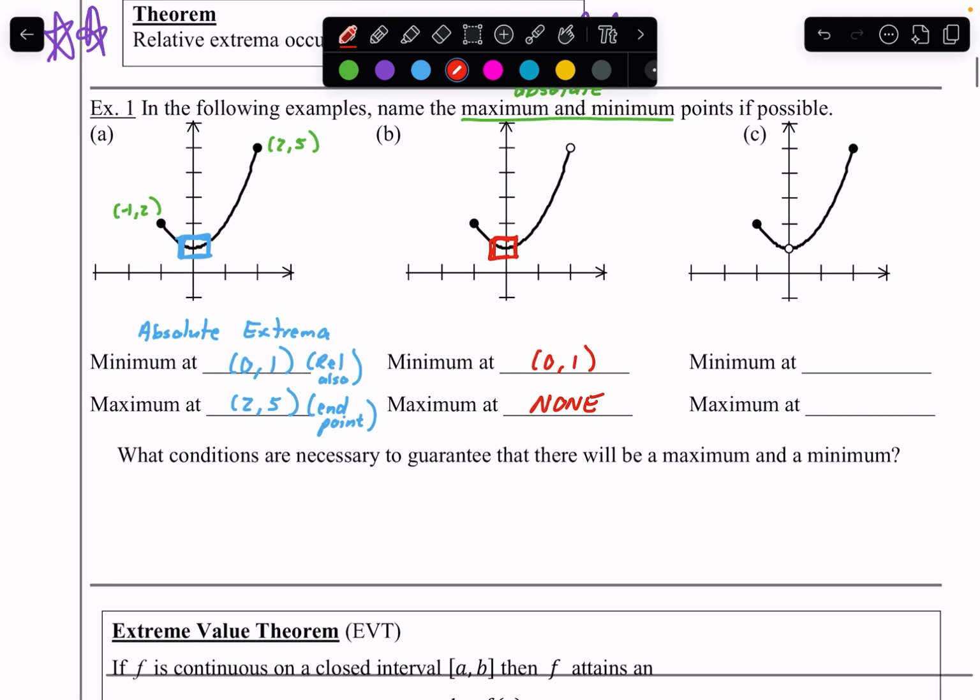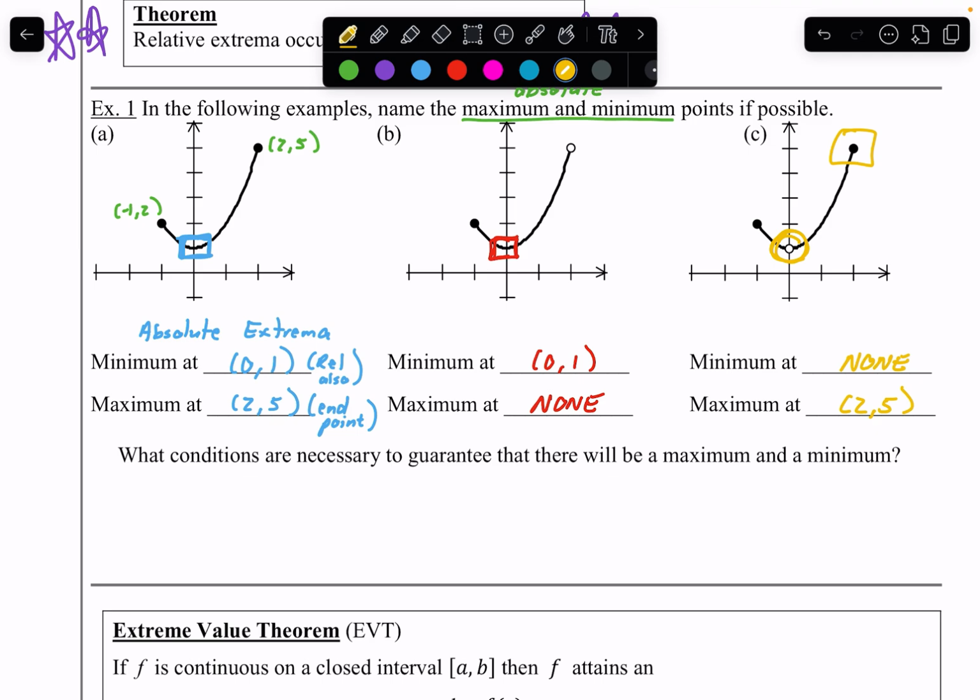Now let's look at C. Again, that looks like it's going to be the minimum, but now I don't have a value there, so I don't have a minimum, but I do have a maximum. So the point of all of this was to recognize that in order for me to guarantee that there is a maximum and a minimum, the function has to be on a closed interval.